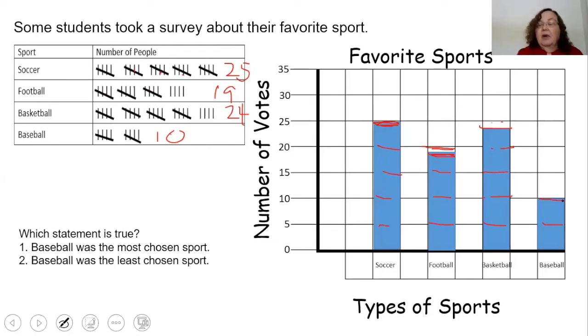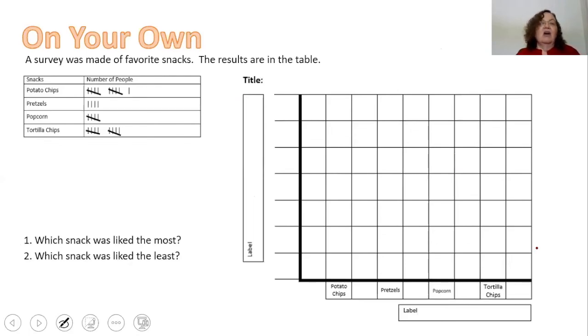Look at baseball. Is that the most chosen sport or the least chosen sport? Did you say baseball was the least chosen sport? Wonderful.